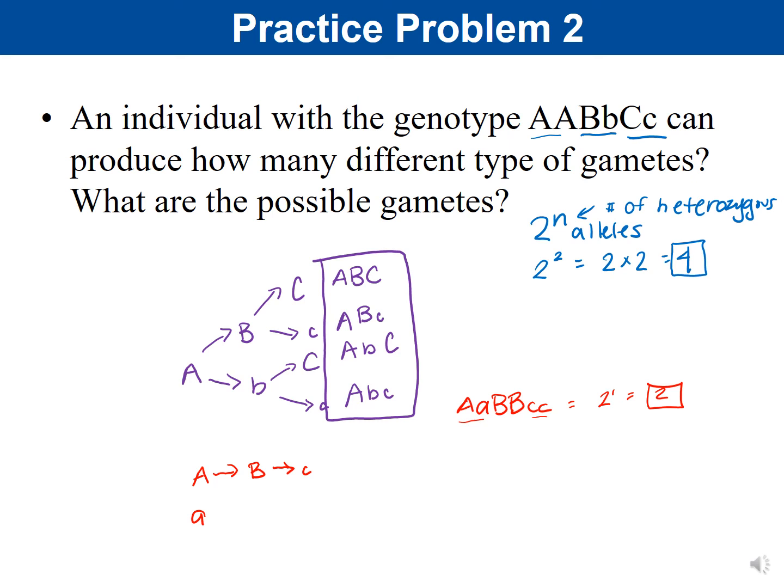So my gametes are big A, big B, little c. Little a, big B, little c. Again, there are two possible types of gametes. And so this is just a way to figure out what those gametes are.